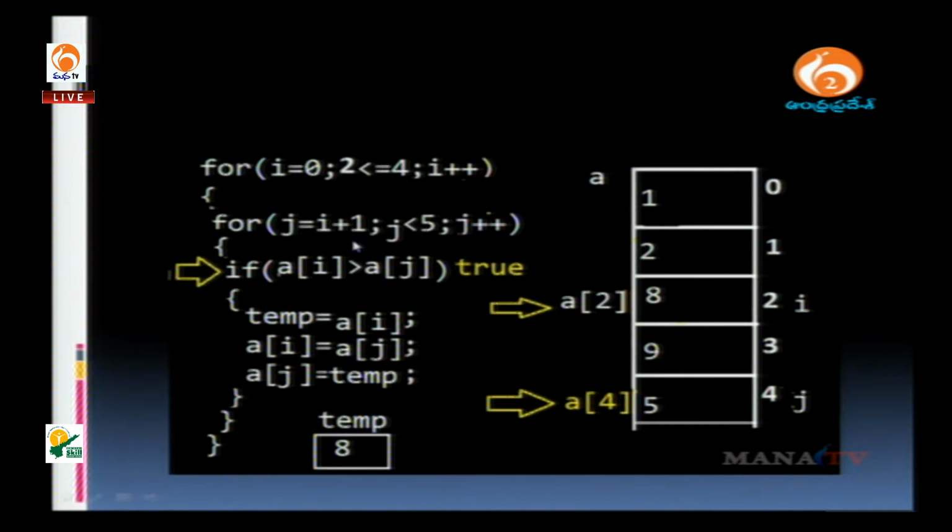Control enters the body of the inner for loop: if A of i is greater than A of j. A of i is A of 2, and j is 4, so A of 4 is 5.